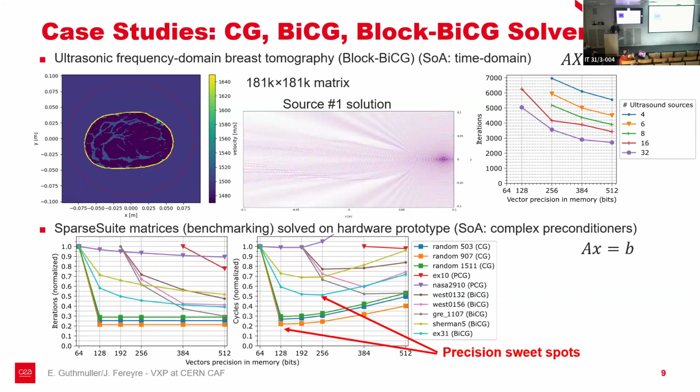By reducing the number of iterations, you go faster, but at the same time, each iteration takes longer. So you start to see some sweet spot. For example, here 128 for the random one in conjugate gradient, or for X31, the sweet spot is at 256 bits of precision.